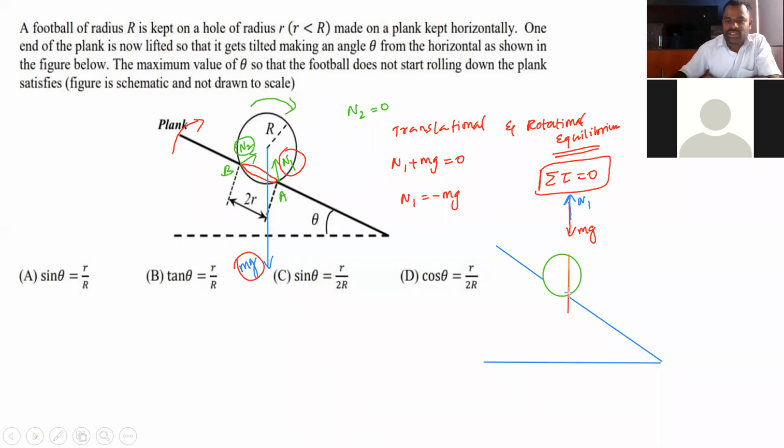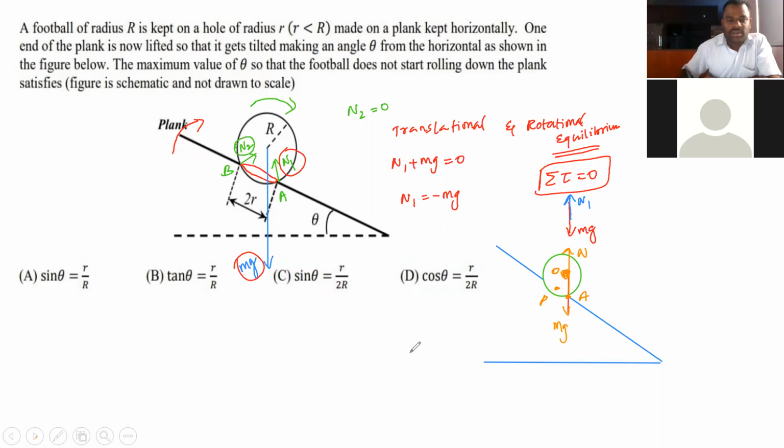So N and mg act almost through the center, we assume. Let us take this point as P, this point as A, and the center of this sphere as O.